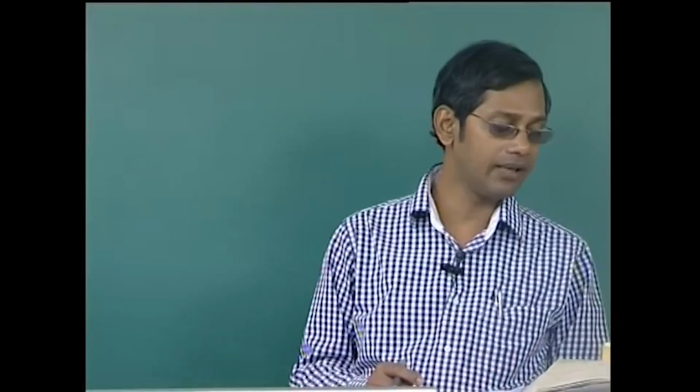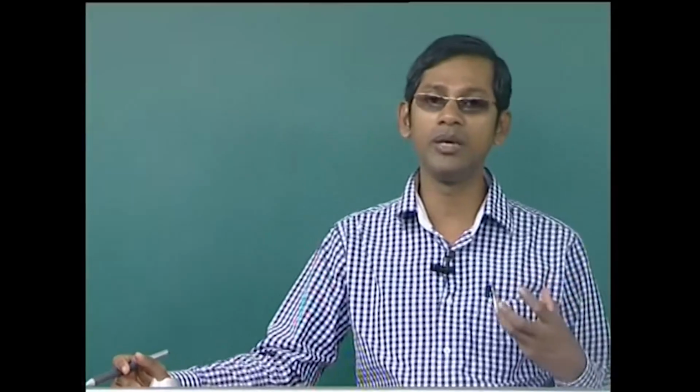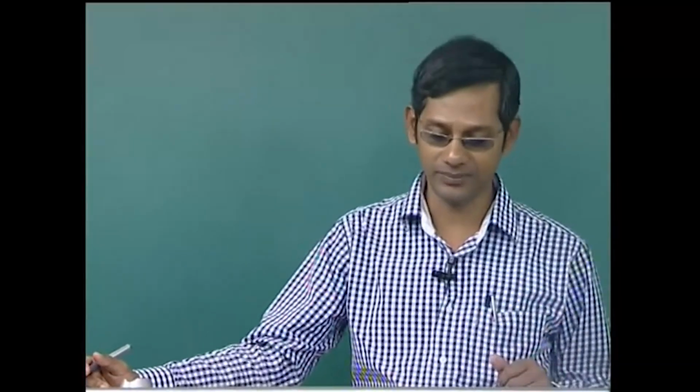Finally, in the ultraviolet or X-ray regions, transitions can occur which can ionize or dissociate certain molecules, as shown here for X-ray. And if you apply very high energy, that is gamma rays, frequency 10 to the power 18, then you can have a change of nuclear configuration itself, like the nuclear species undergoing transitions.